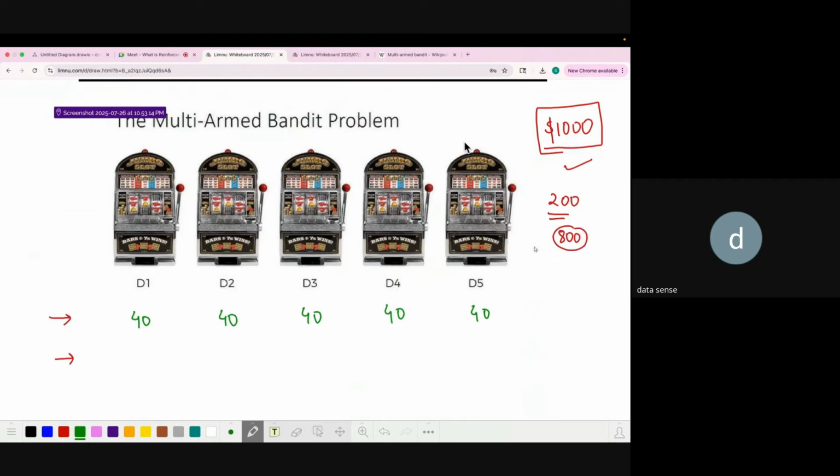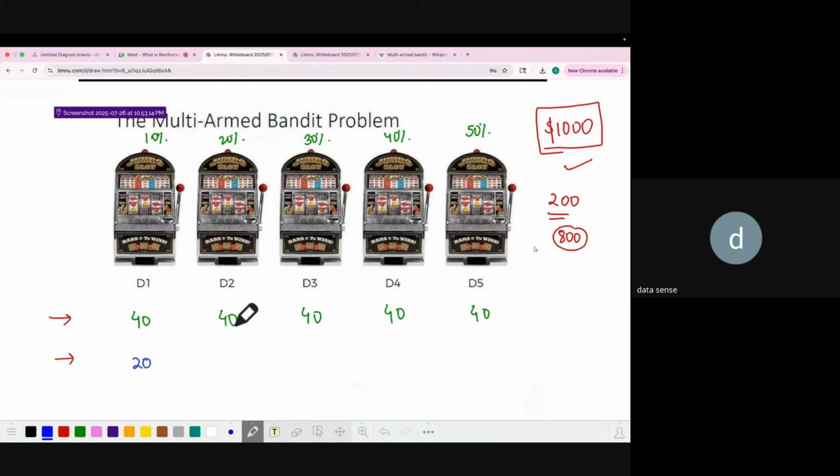From the back end, we know that this is a 50% return. This is, for example, 40%. This is 30%. Let's say this is 20%, and this is 10%. Luckily, out of all these, this one gave you a better output. Out of this 40, you got, for example, 20 in return.